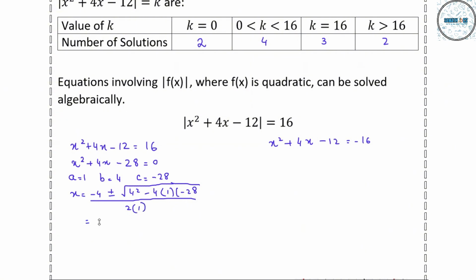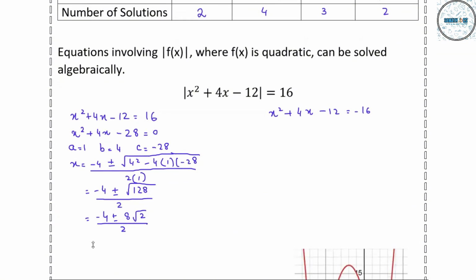You can simplify it to minus 4 plus minus under root 128 upon 2. Under root 128 can be written as 8 under root 2 divided by 2. Then we can take 2 as common from the numerator so that it can be cancelled out by the denominator.